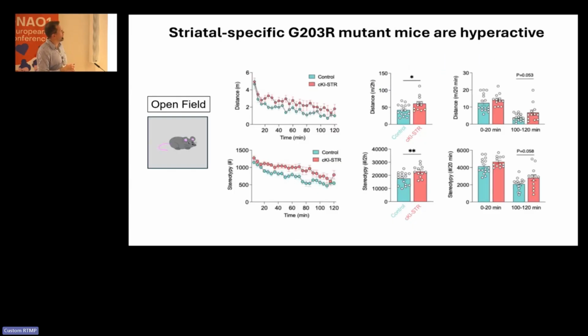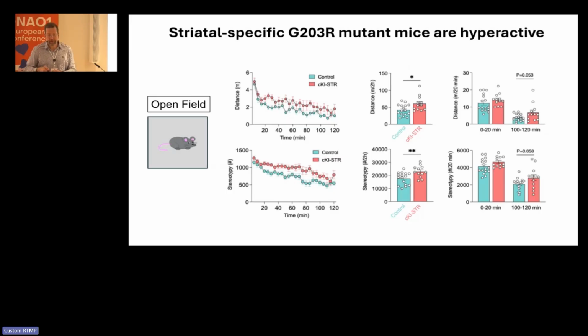All right, so what about the manifestations that these mice have? We started with the open field test, where we look at both the overall activity of animals, but also we monitor the stereotypic movements, which is part of a disease manifestation as well. And we find that both the activity levels and the stereotypic movements are significantly increased in this mouse model.